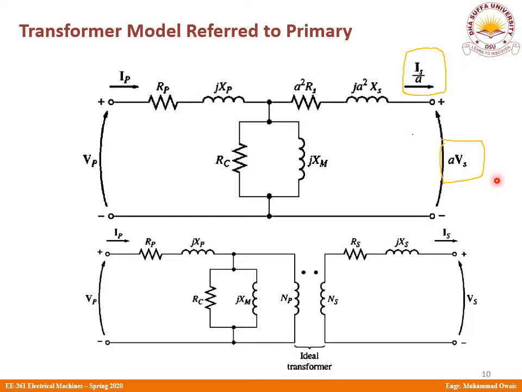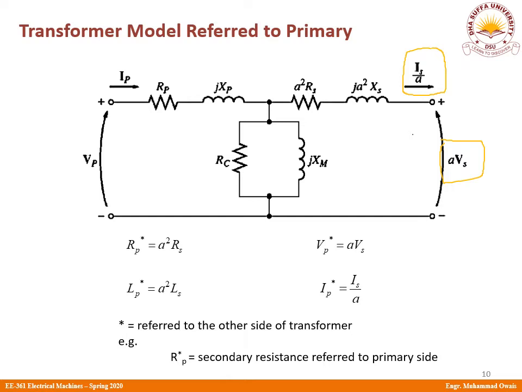Okay, students? Now these resistances we can simply give them a name as Rp*, and similarly Lp* or Vp*. It's up to you whether you want to write it down like this or not. Okay, so this star means actually it has been referred to the other side of the transformer.